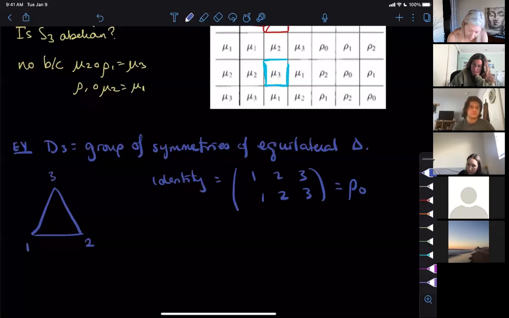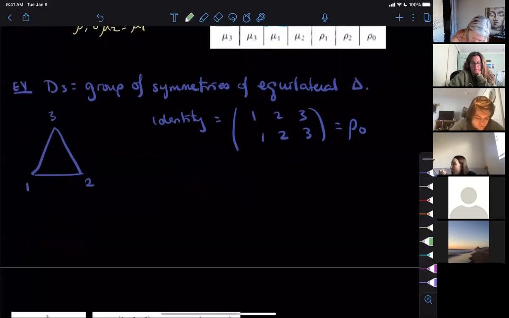What's another symmetry? What's another motion of this triangle that will bring it back to the same triangle, although maybe the labels will be moved around? 2 goes to 1 and 1 goes to 2. Yeah, and so what could that look like? Well, I wonder how many of these I need to draw.